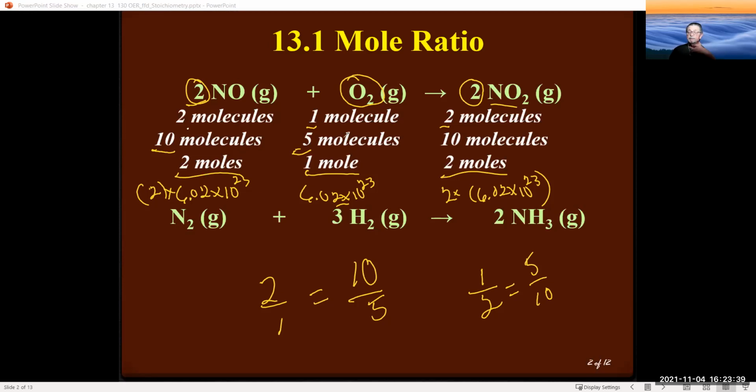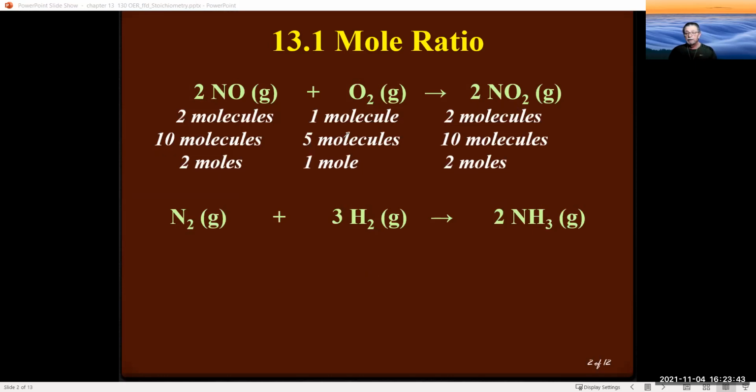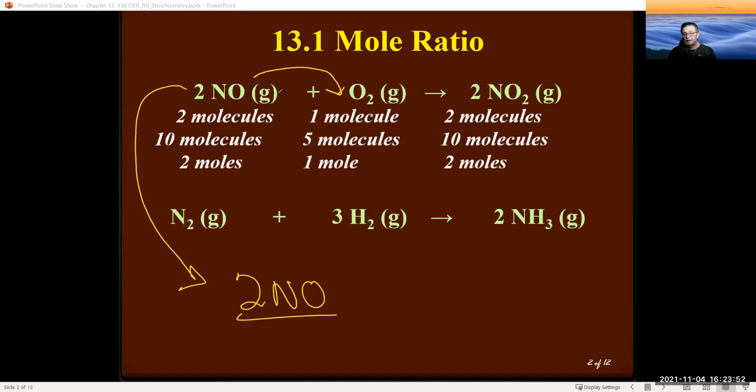Now, the other aspect about this is as follows. With respect to this reaction, we have a ratio of 2 to 1, and we're going to compare simply the reactants. It takes 2 nitrogen monoxides per every 1 oxygen.